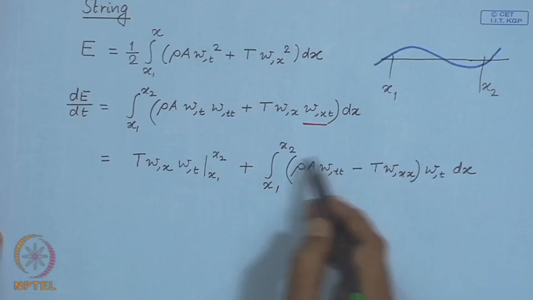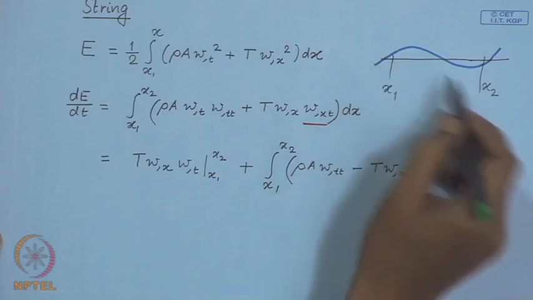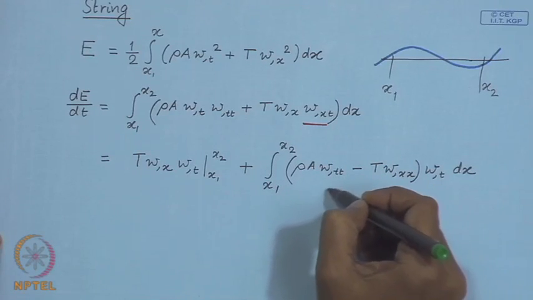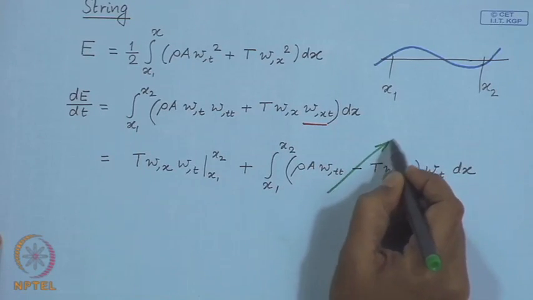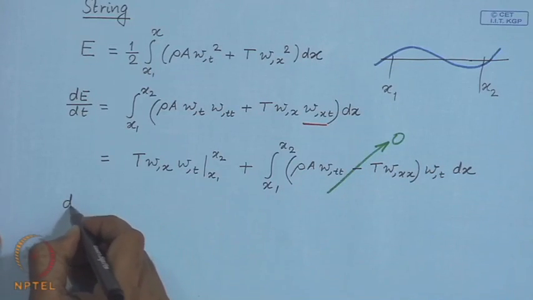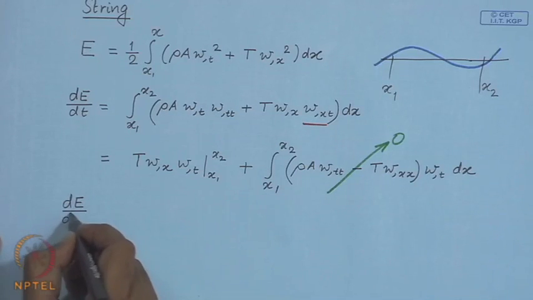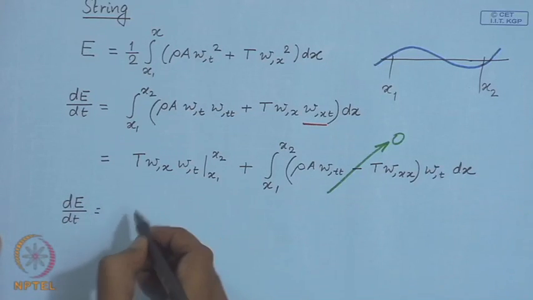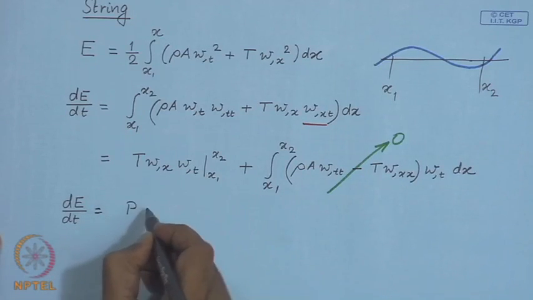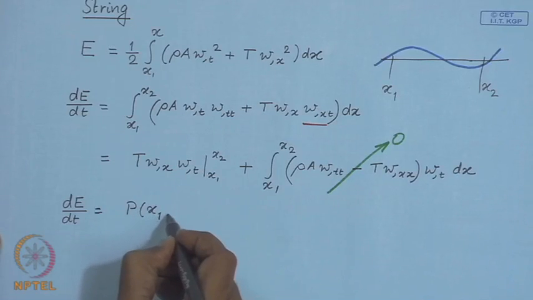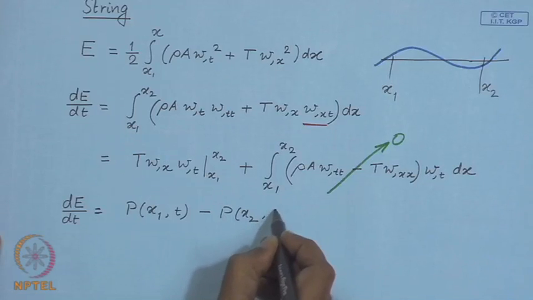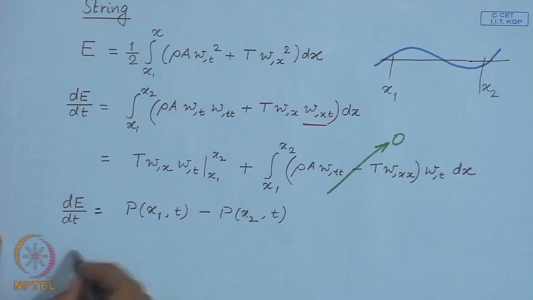Now, this being the equation of motion, we assume that this is being governed by the wave equation, the equation of motion of the string. So, this must be satisfied. So, this is 0. So, what we are left with is, I will write this as, where I have defined.